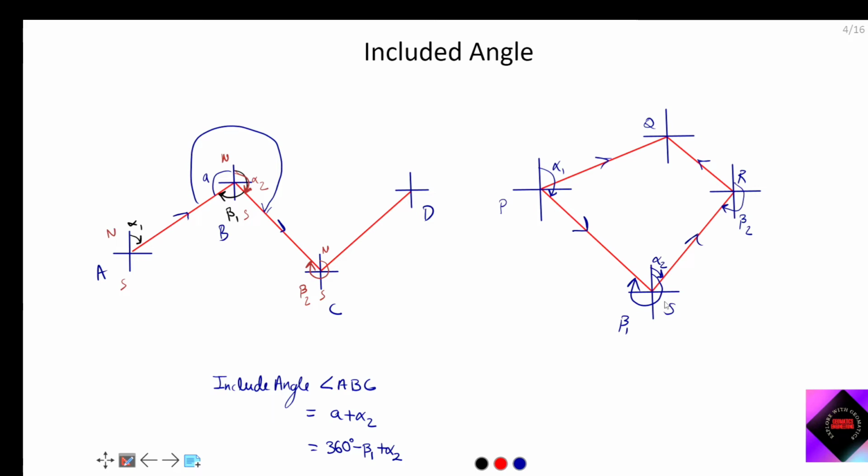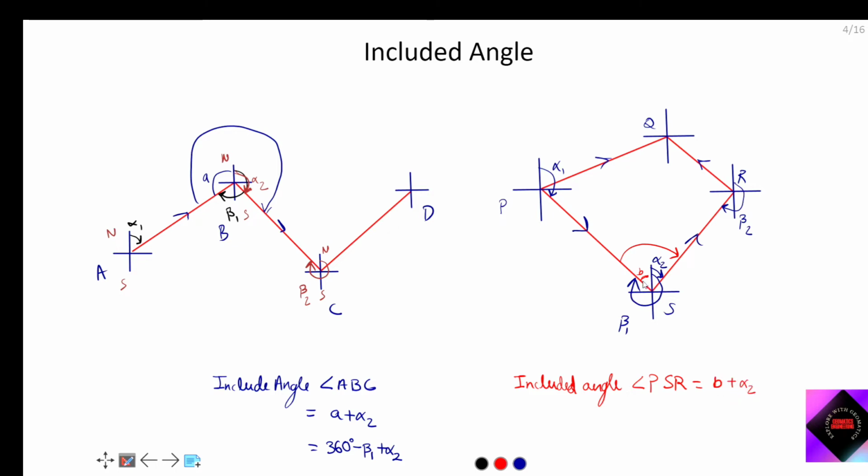So which angle do we have to calculate? We have to calculate from previous to next line in the direction of propagation. So we have to calculate this angle. Can I write here, included angle PSR will be equal to this B plus alpha 2.